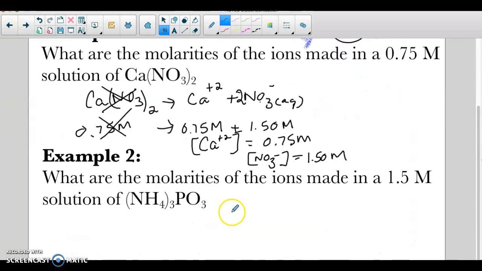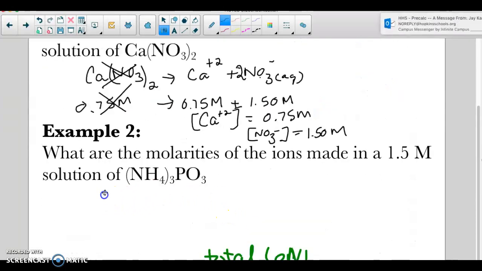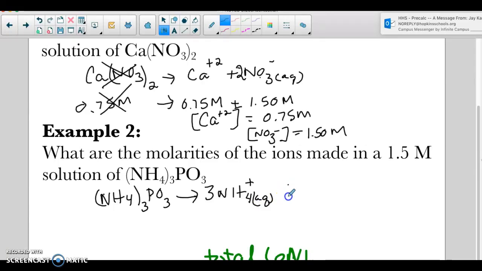So I'll do one more with you. For this one, again, lots of polyatomic ions here, but don't let that intimidate you. It's kind of like you're undoing the chemical formula. So we have ammonium, and we have 3 of those, and they're aqueous.